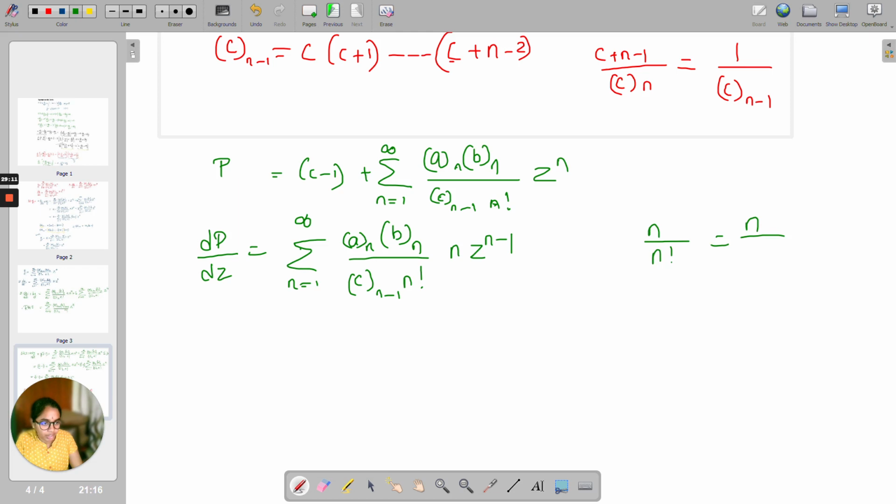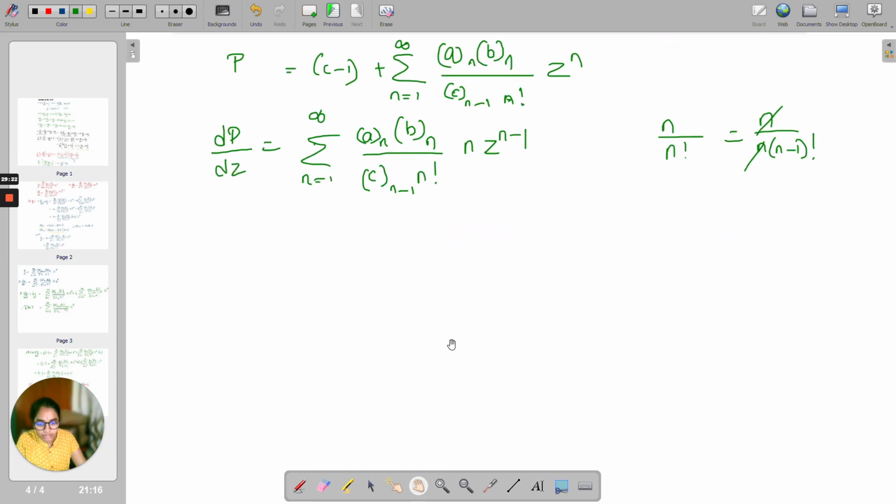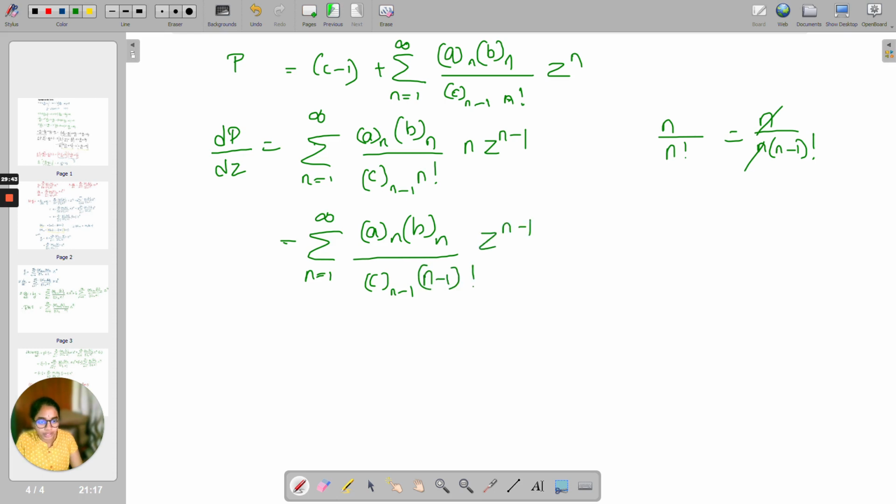Can I write n factorial as n into n minus 1 factorial? Yes, n and n get cancelled. So summation n is equal to 1 to infinity an bn divided by (c)n minus 1 into n minus 1 factorial z power n minus 1.